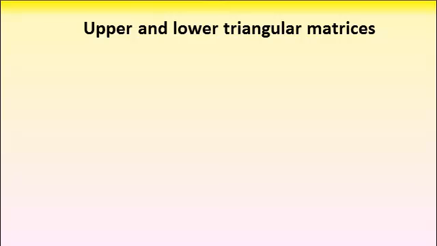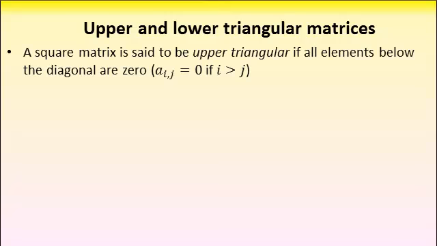That of course means that all elements above the diagonal and below the diagonal must be 0. So we say that the matrix is upper triangular if all the elements below the diagonal are 0. The elements above the diagonal need not be 0. This is why it's called upper triangular, because it has stuff on the upper side of the matrix.